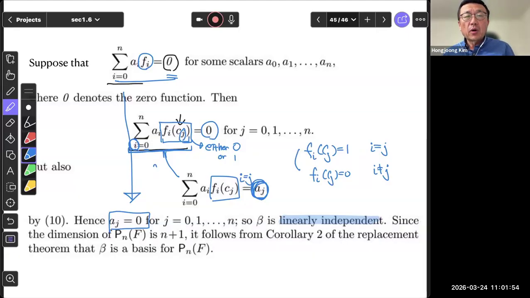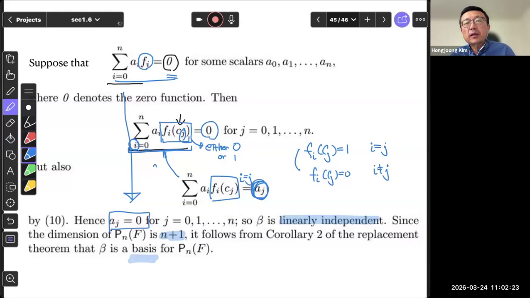Okay. Now, we know that this P sub n space has dimension n plus 1. So I know that this space has dimension n plus 1, and I found n plus 1 linearly independent polynomials in that space. So I found a basis. This beta will be a basis.